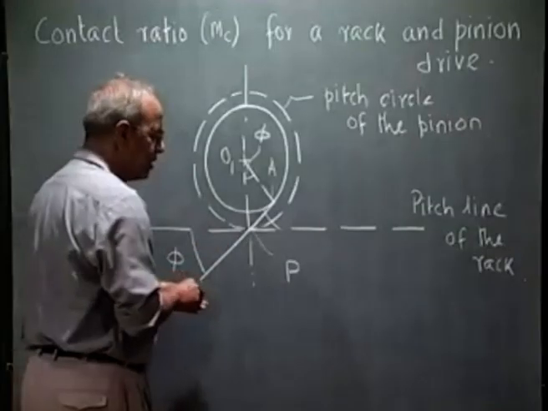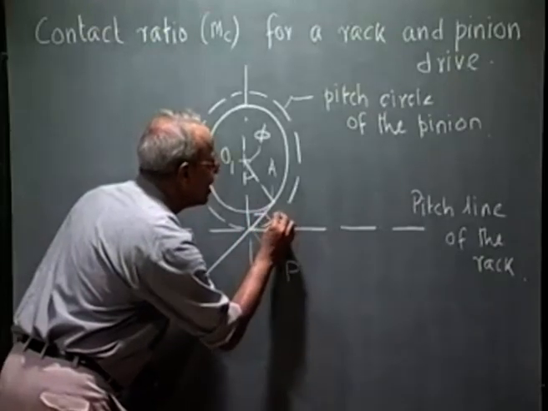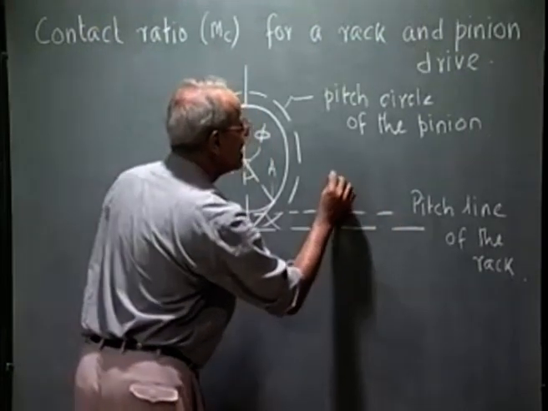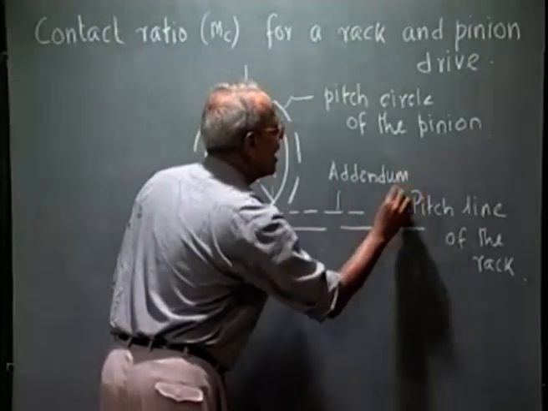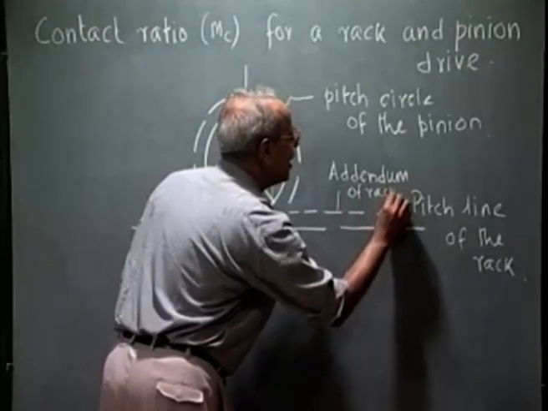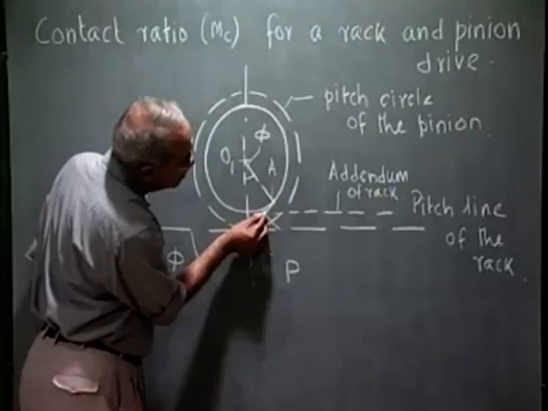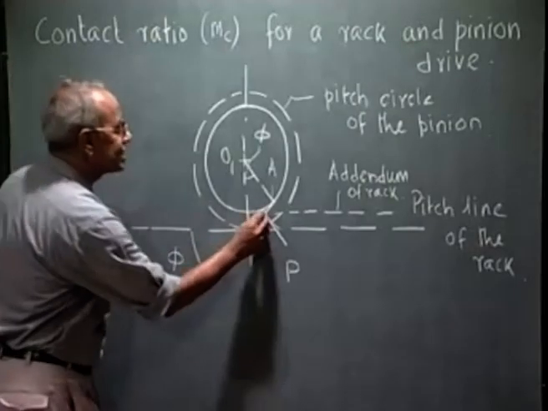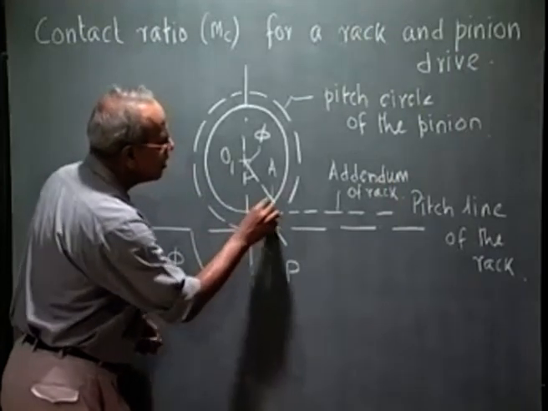So the rack tooth, if I draw, this is the addendum line of the rack. So the rack tooth is perpendicular to this line of action. So let this be the rack tooth. The contact starts at this point between the pinion tooth and the rack tooth on the line of contact.